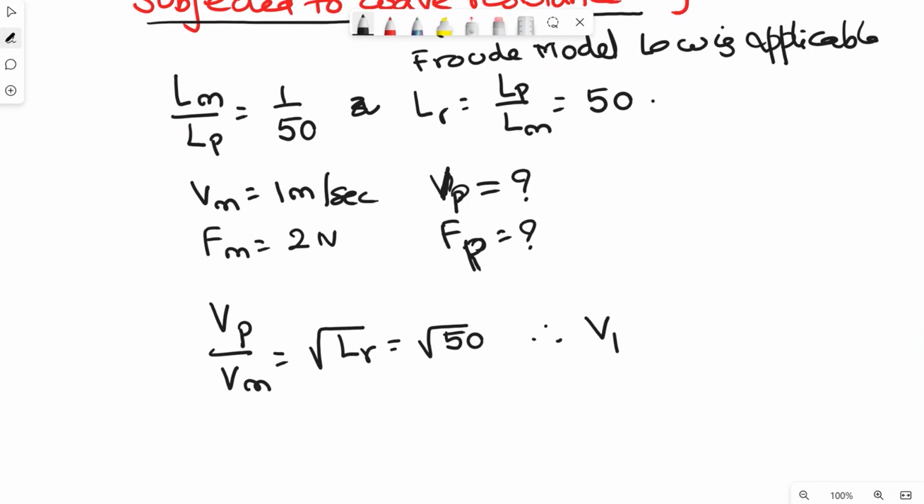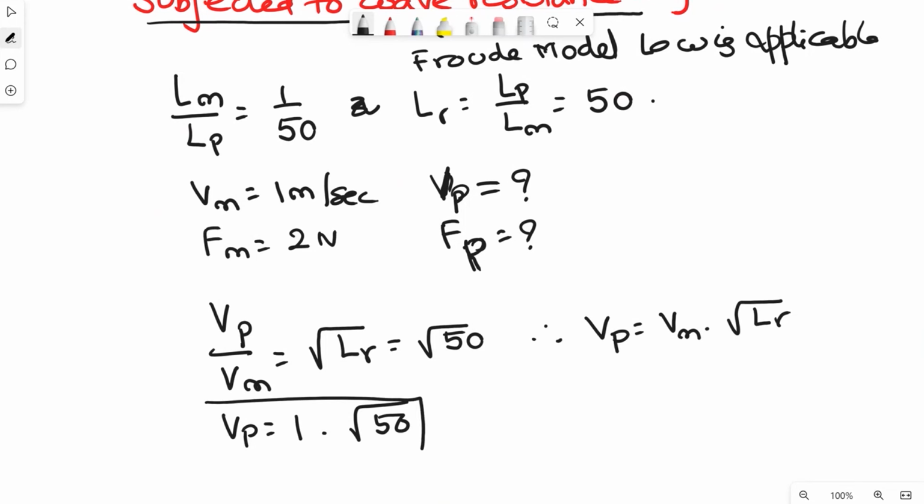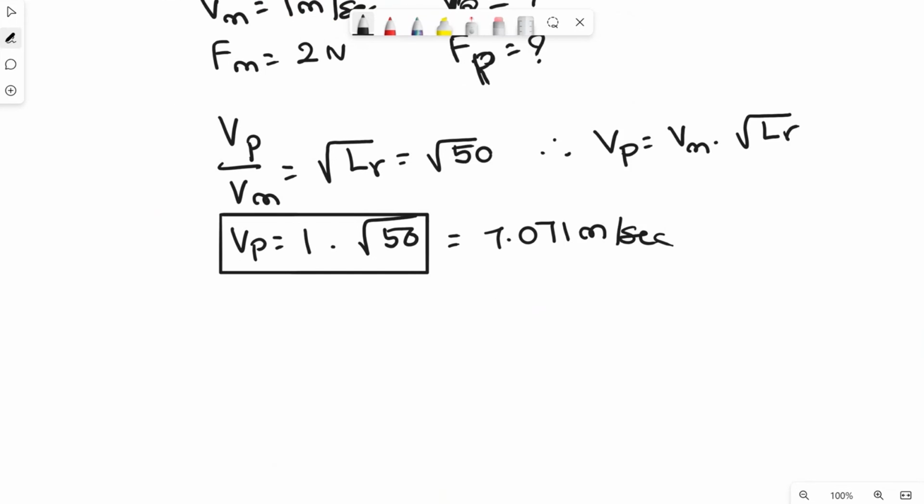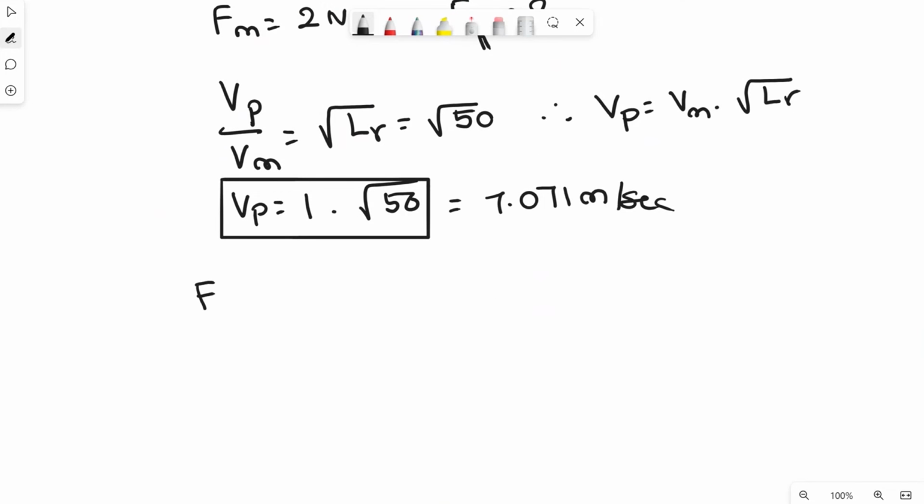Therefore, Vp is equal to Vm into root Lr, which is 1 into root of 50. This is the first answer, 7.071 meters per second.